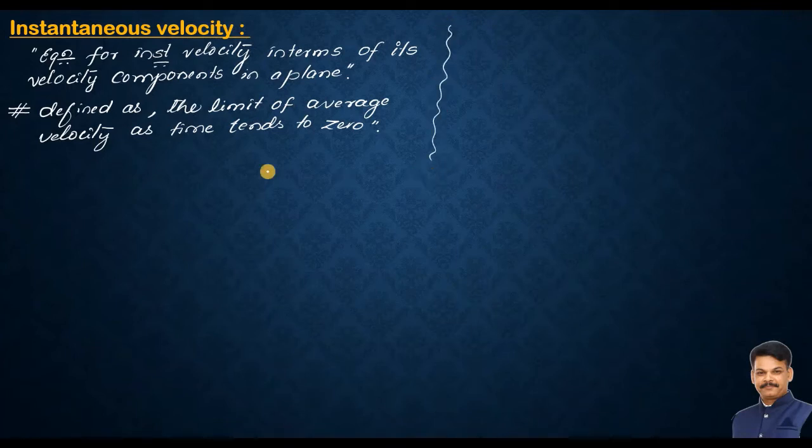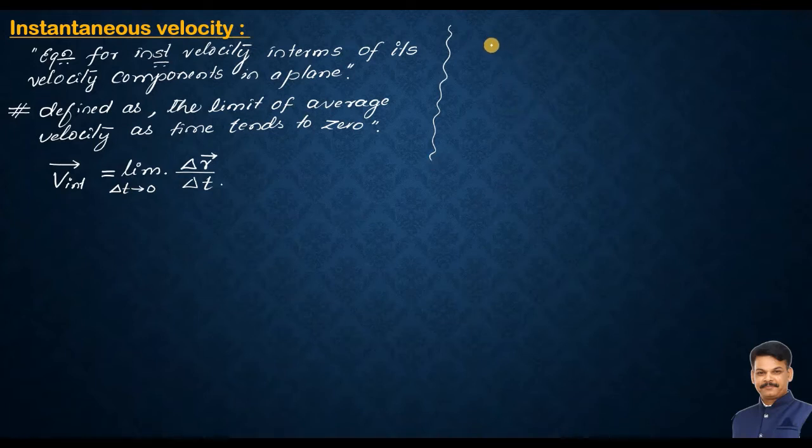According to this definition, we can write v instantaneous, which is a vector quantity, as the limit of the average velocity. How do we represent the average velocity? It is represented by delta r divided by delta t, as delta t tends to 0.